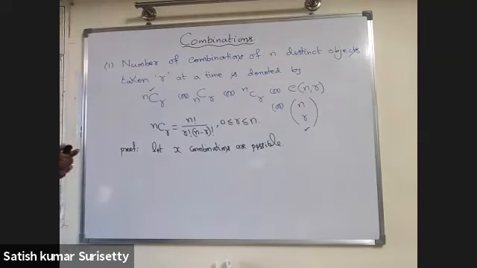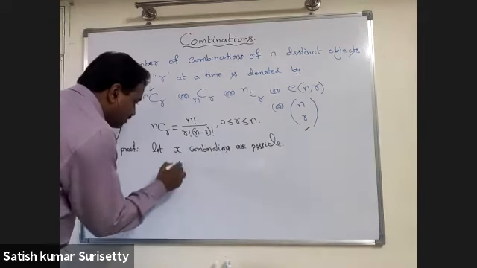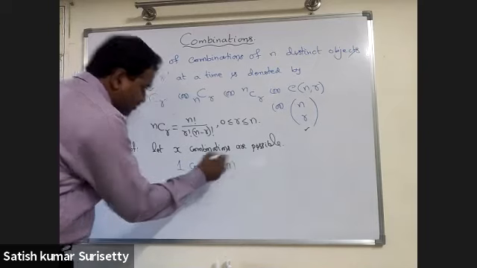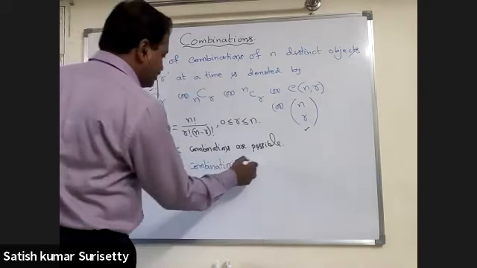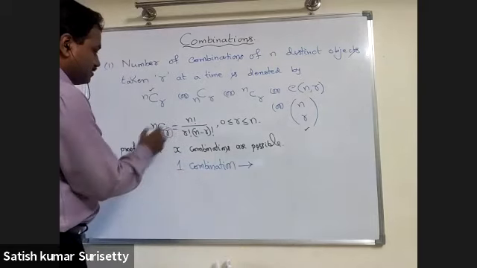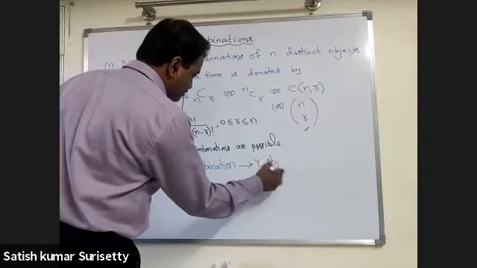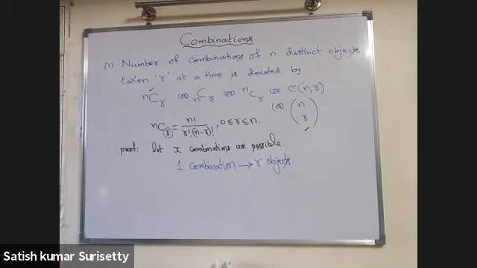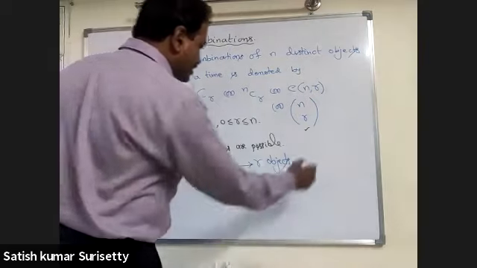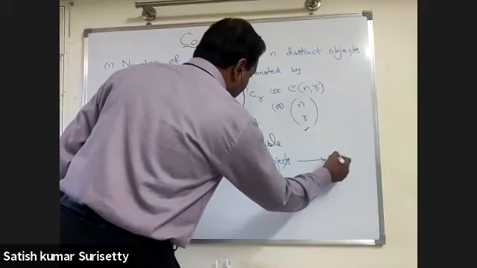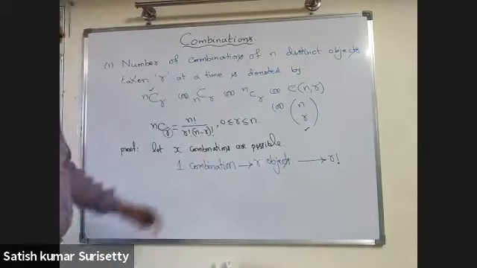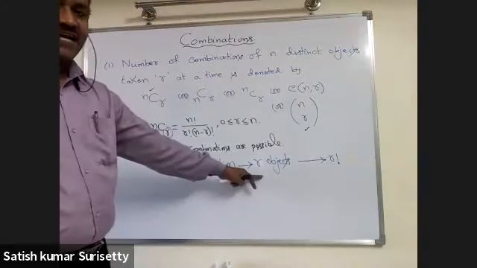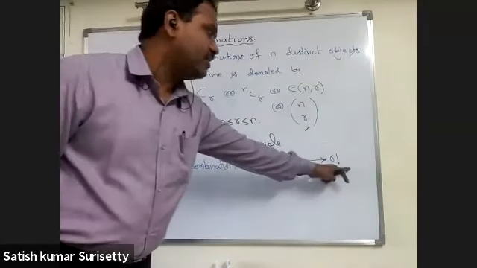Now, one combination contains r objects, and those r objects can be arranged among themselves in r factorial ways.